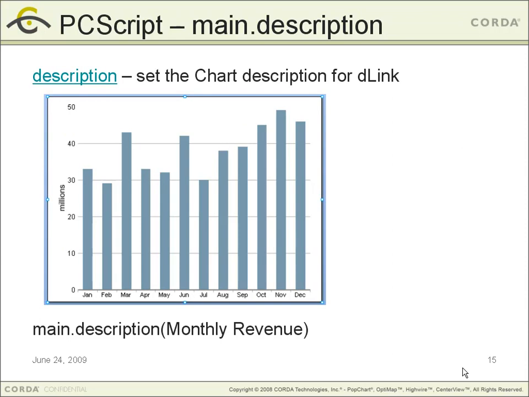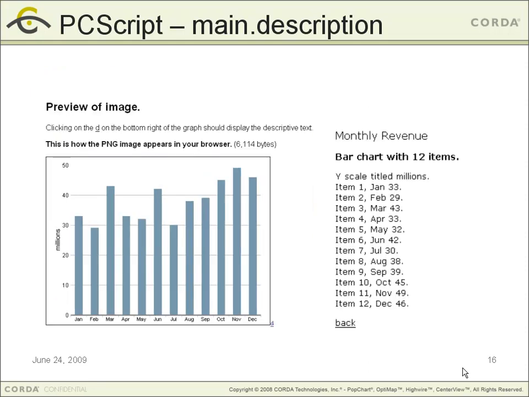So in this case, we are going to set the description for this image to be monthly revenue. And when that command is issued and you have D-link capability turned on inside of PopChart or CenterView or Optimap, then you will see down in the bottom right of the graph a small D with an underline under it.